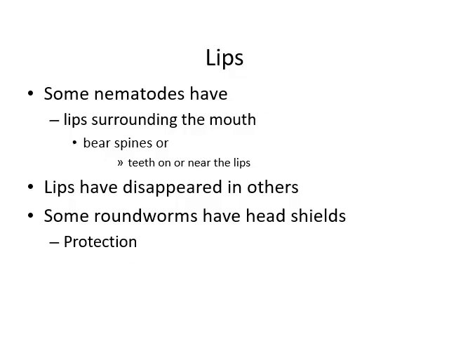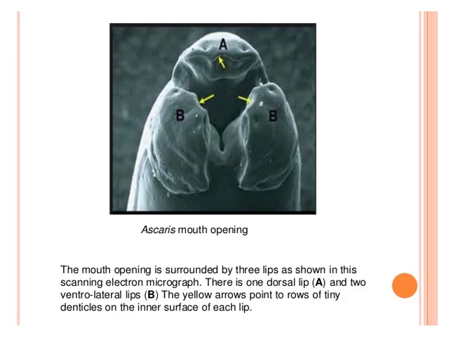Now the lips. Some nematodes have lips surrounding the mouth that bear spines or teeth near the lips. Lips have disappeared in others, and some roundworms have head shields for protection. Here you can see the lips of Ascaris.